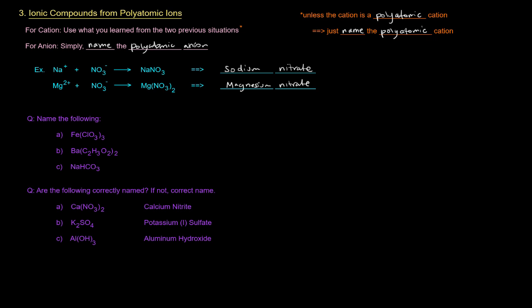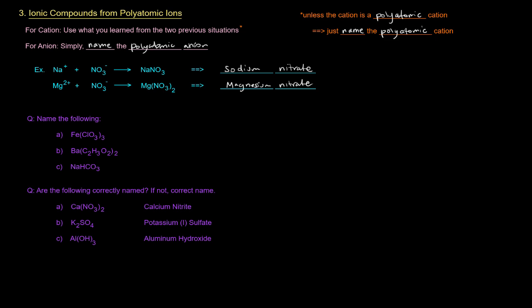And you'll notice here with this formula that it has parentheses in it. Why does it have parentheses in it? The reason is that when you do the crisscross method here, this 2 goes out here and this 1 goes here. When that 2 goes out there, it's two of these entire nitrate ions. It's the entire nitrate ion that has this negative charge.